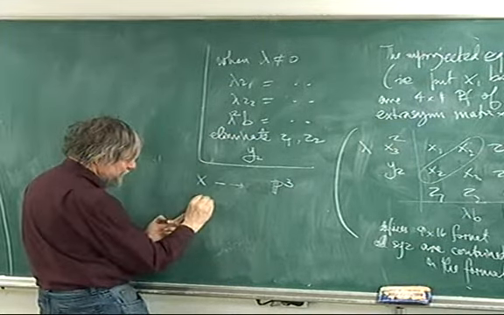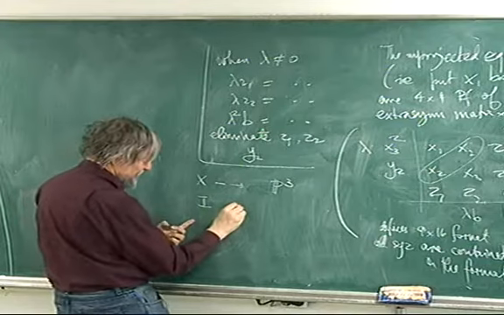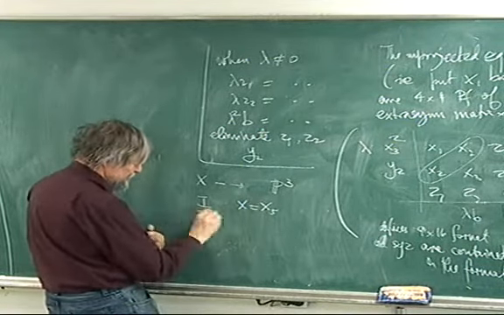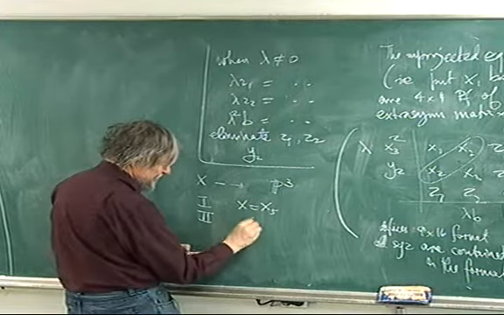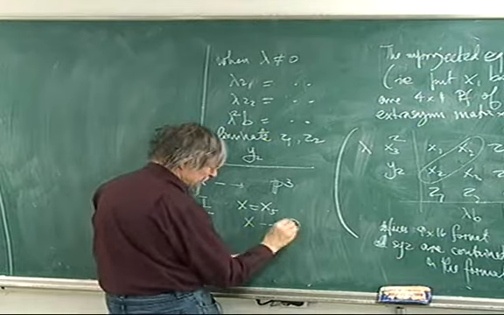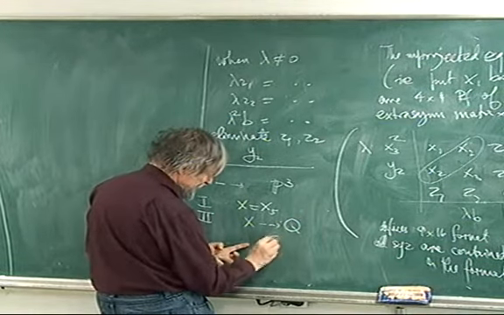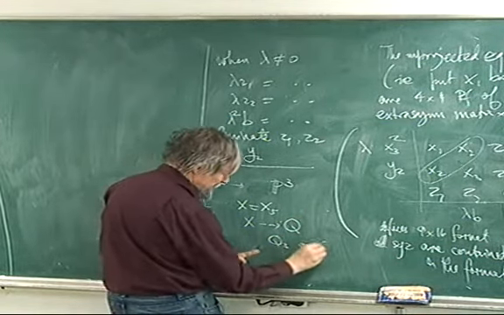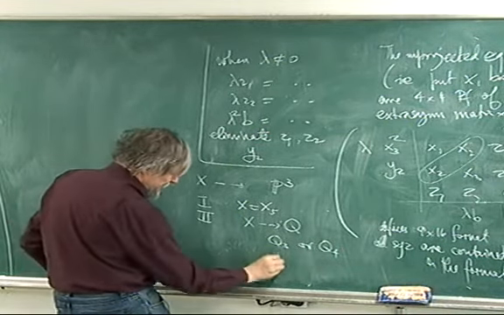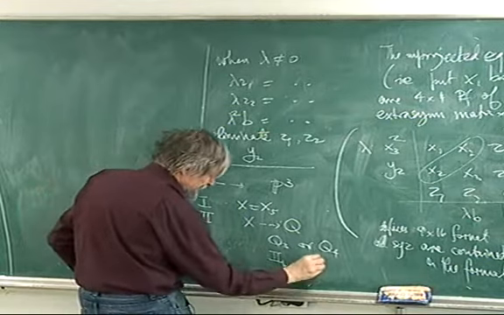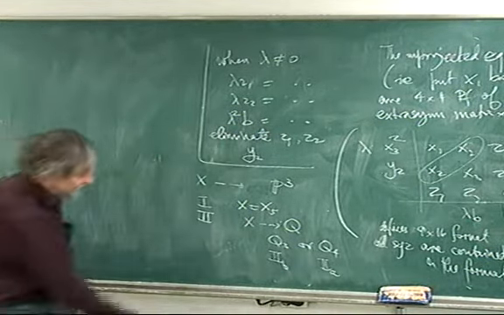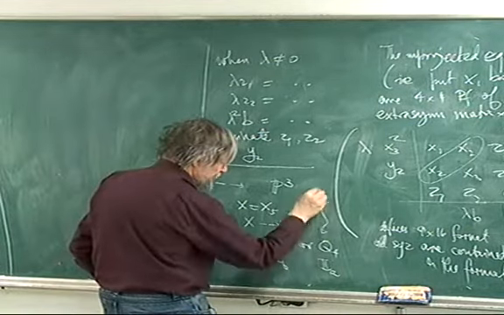There's family 1, which is that x is equal to x5. There's family 2, where x maps 2 to 1 to a quadric, and the quadric is of rank 3 or of rank 4. These are called 2b and 2a.